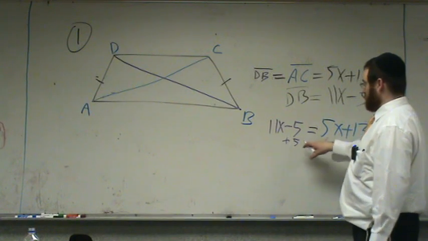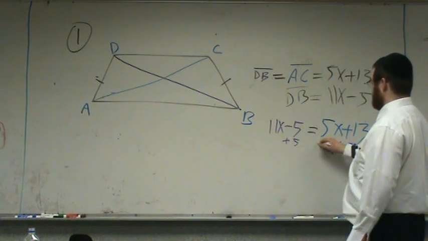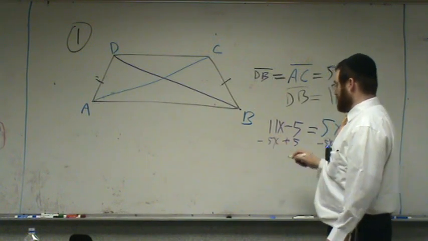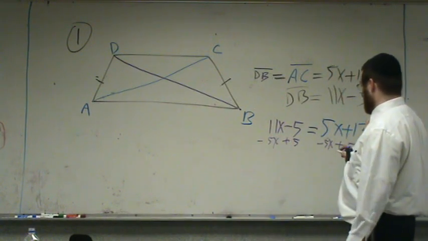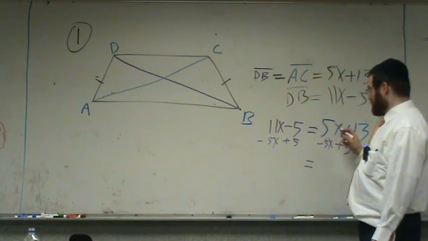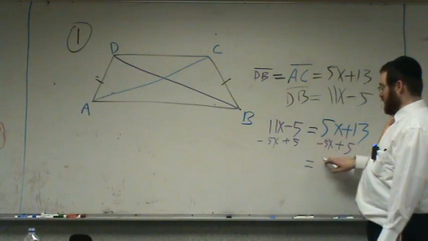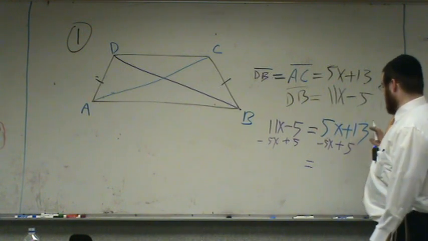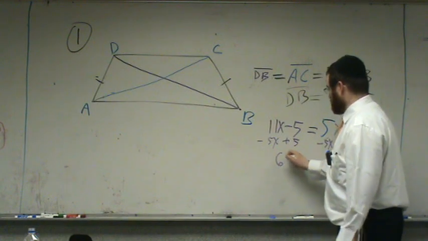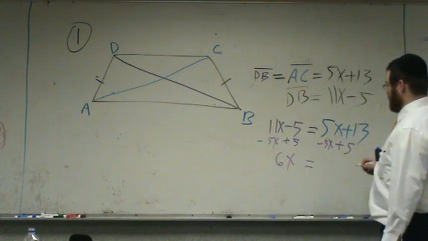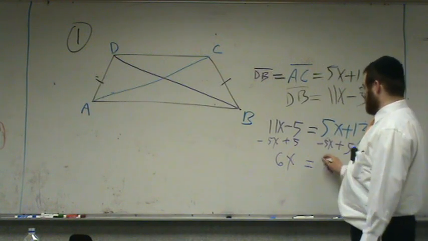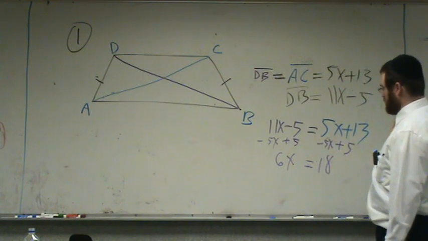Add 5 to both sides, get rid of the negative 5 on the right side, and subtract 5x from both sides, get rid of the 5x on the left side. 5x minus 5x is 0x, and 11x minus 5x is 6x, and 13 plus 5 is 18, so 6x is equal to 18.